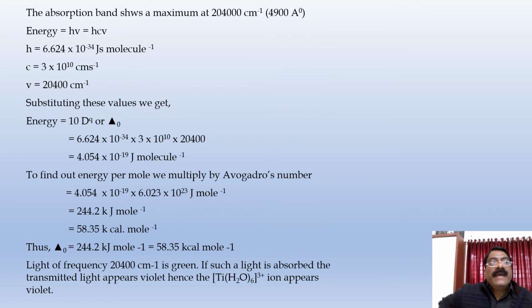The absorption band shows a maximum at 20,400 cm^-1. Energy is equal to h nu, which is equal to h c nu-bar, where h is Planck's constant, c is the velocity of light, and nu-bar is the wavenumber.